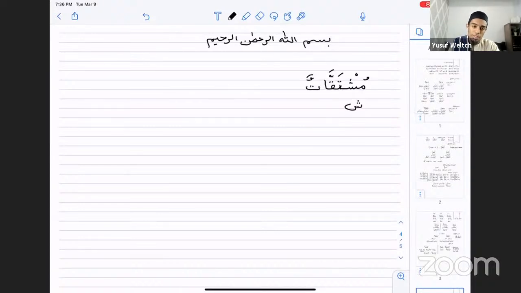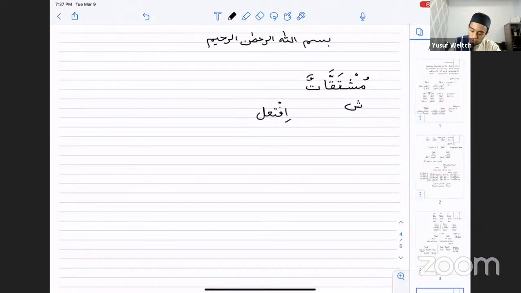Is the ta a root letter, or is it an extra letter? Is it an additional letter? Which out of the 10 forms has a ta as an extra letter? I think it is form 8? Form 8, yes. So ifta'ala.